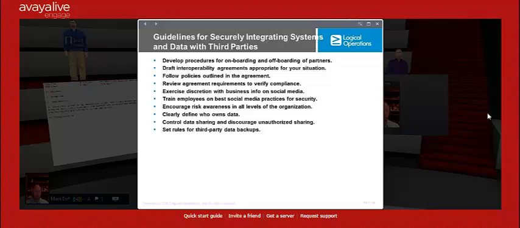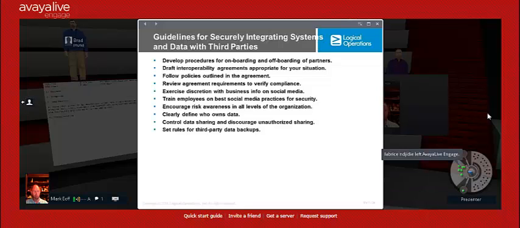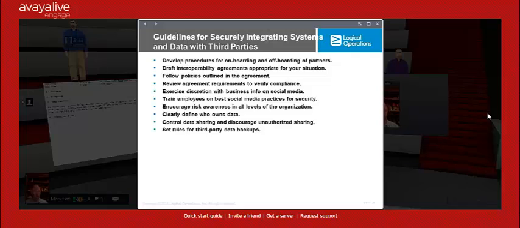So develop these procedures for bringing people into this relationship, and then procedures for handling the termination of the relationship. So there's that term again, onboarding and offboarding. Bringing people on board. What do you need to do to bring them on board safely and securely?